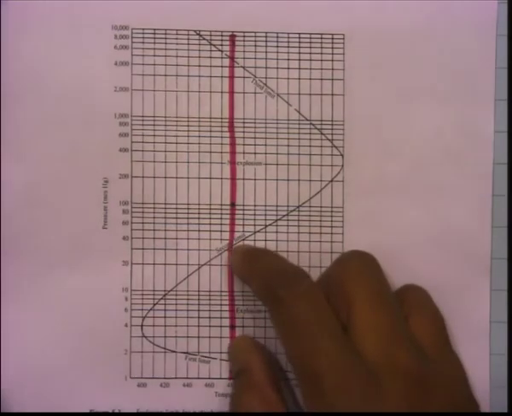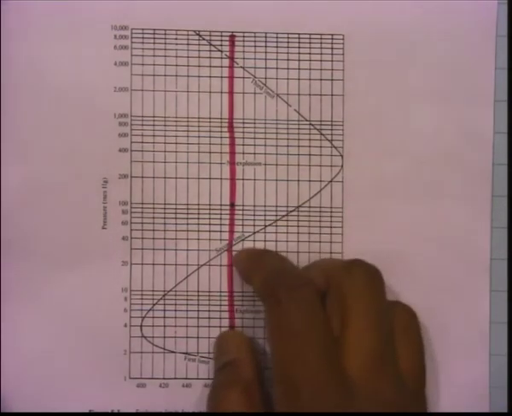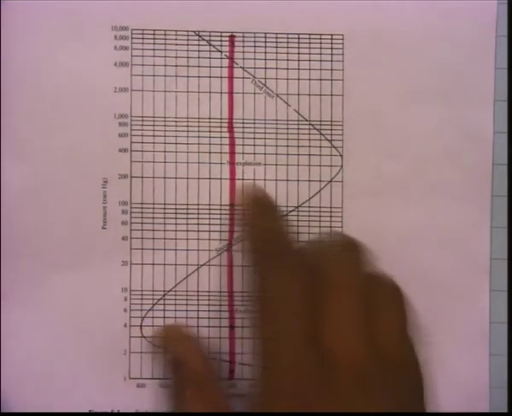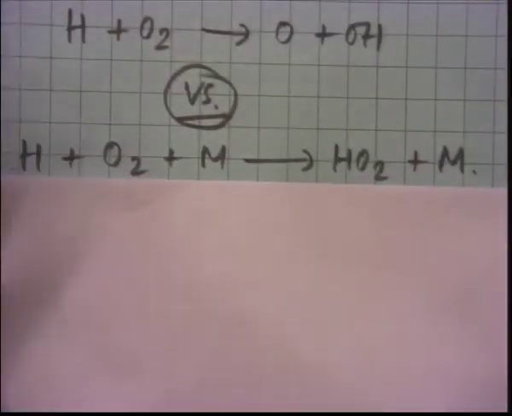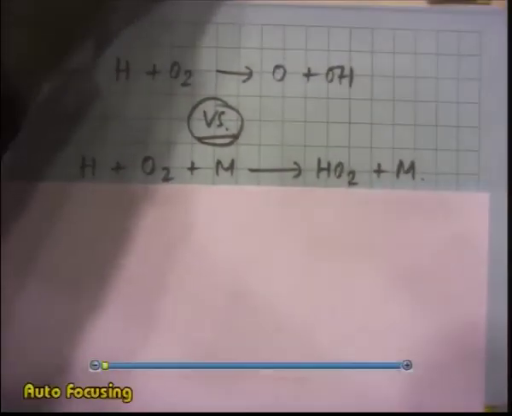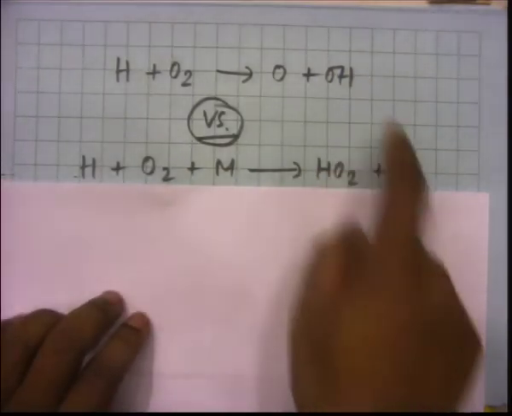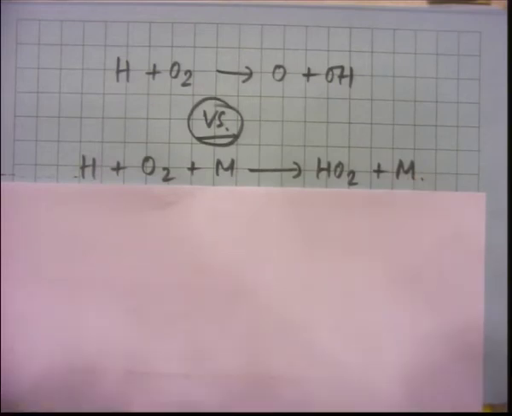So, we understand this, and what happens after you cross the second limit, why does it become non-explosive again? That is because of this competition that we spoke of, right. So, there was this competition between this branching reaction and this 3-body reaction, which was essentially a termination reaction for the range of pressures and temperatures that we are considering.